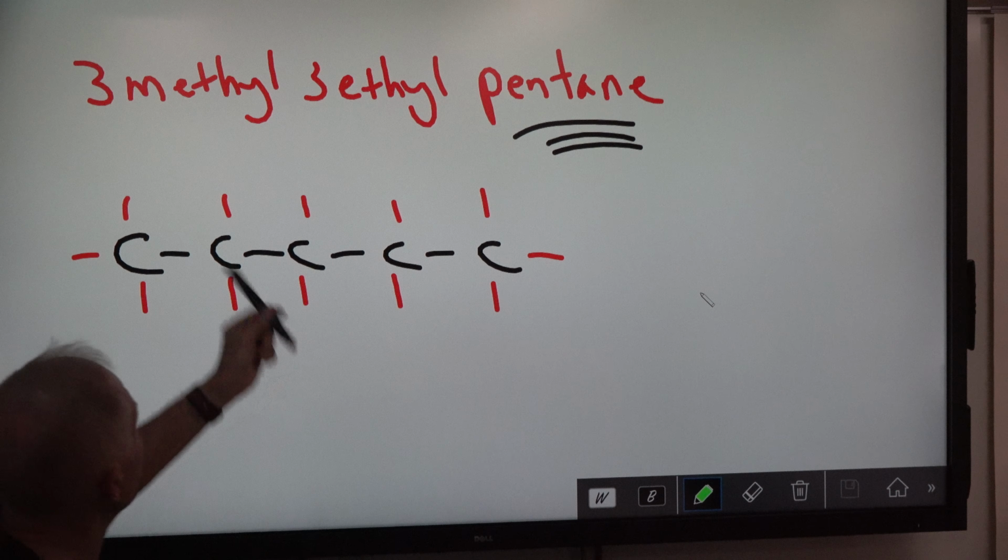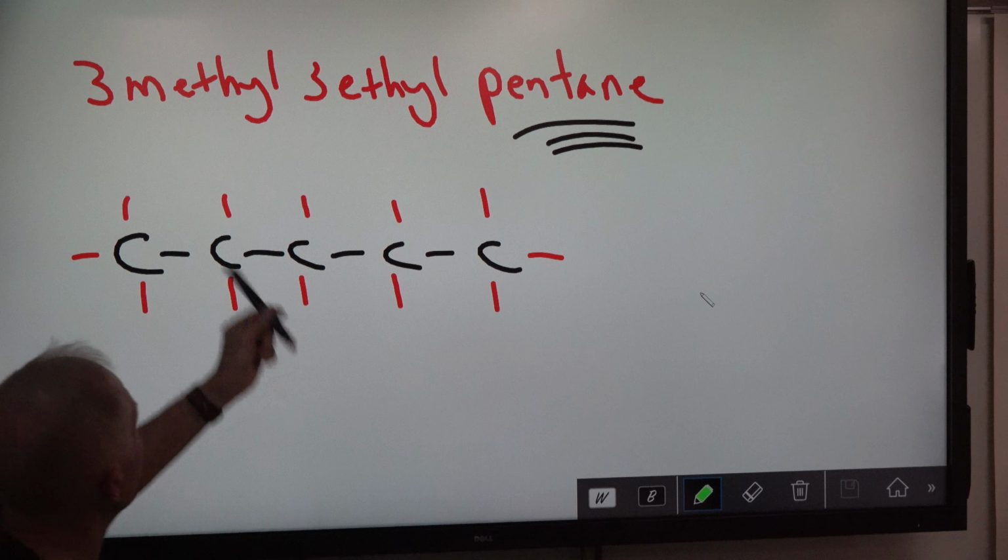3-methyl, 3-ethyl pentane. Now, I'm going to give you one more hint about all the isomers of octane. Some of you will be able to do this, others you're going to have a tough time.